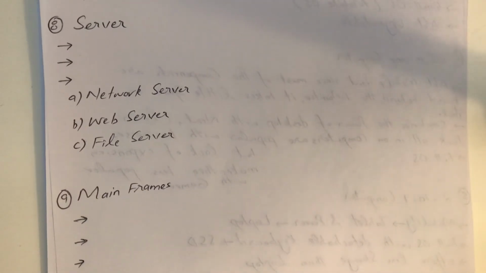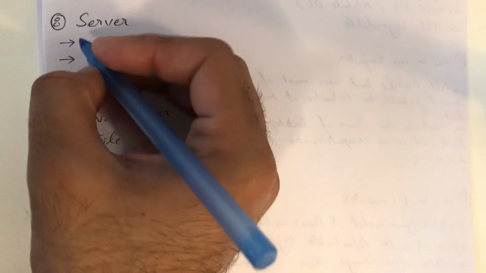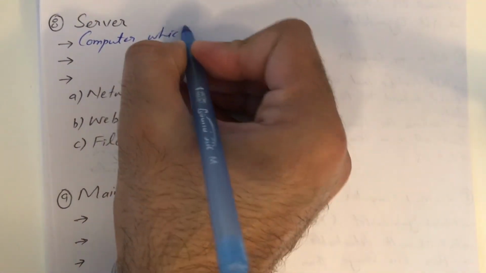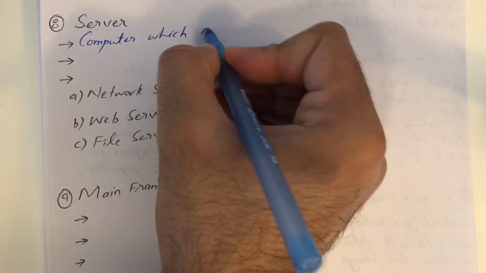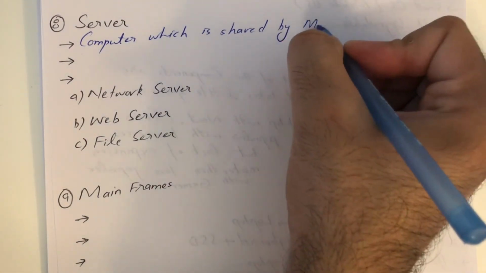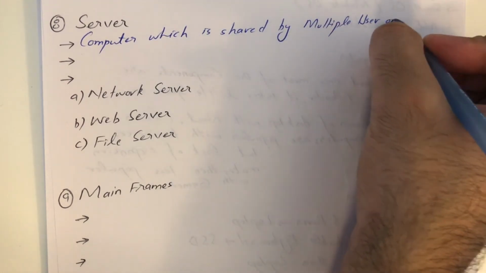Next are the servers. Servers are powerful computers which make a network possible. A server is a computer which is shared by multiple users on a network.